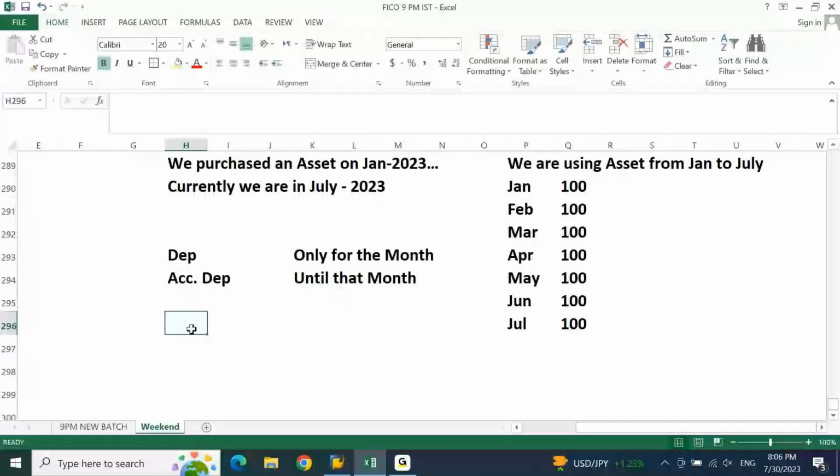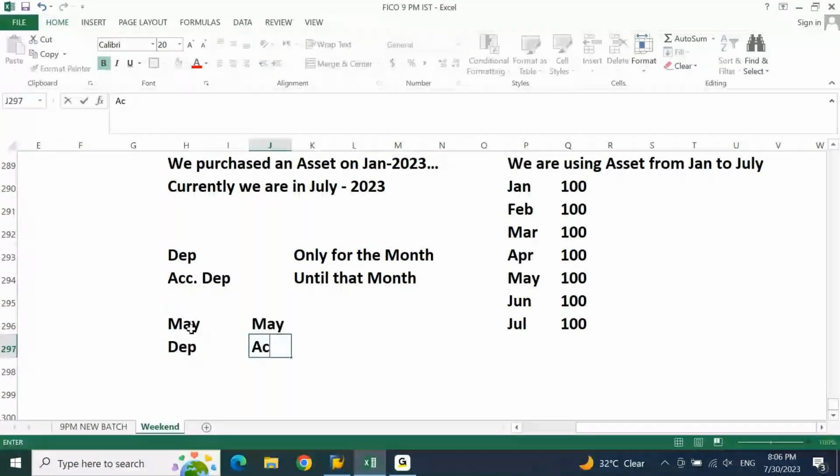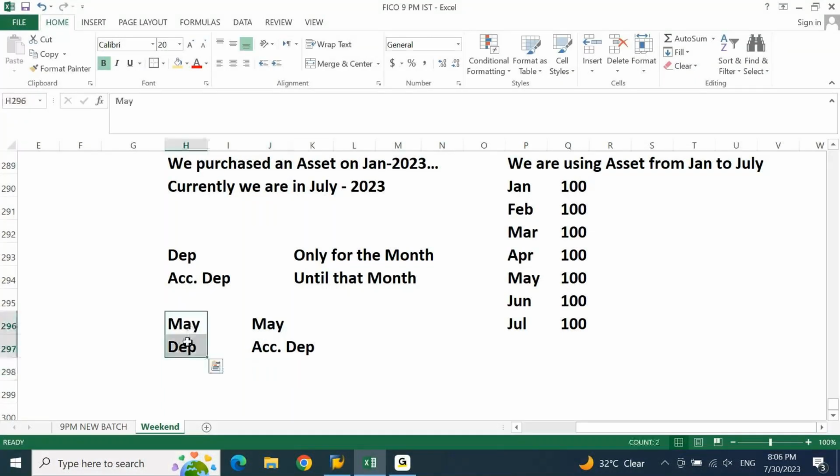May month depreciation I will tell, May month accumulated depreciation I will tell. If I have to talk about May depreciation, what will be the amount? 100. Why 100? Because depreciation is always only for the month. You have to look at only the May and then you write this amount here.